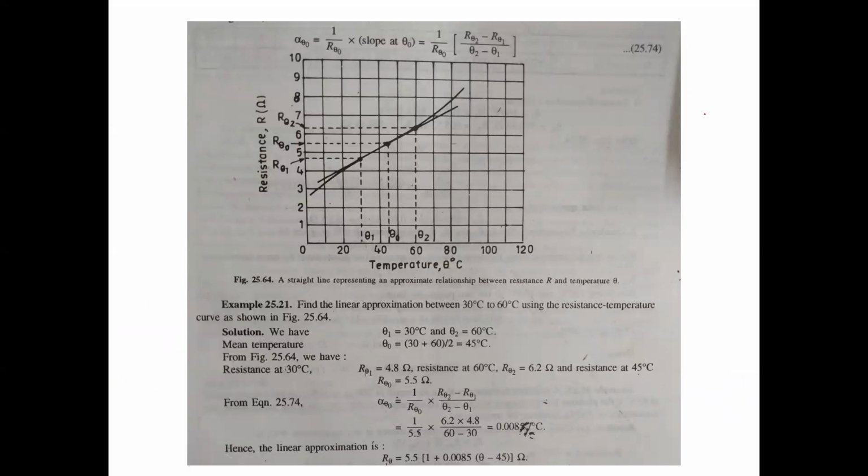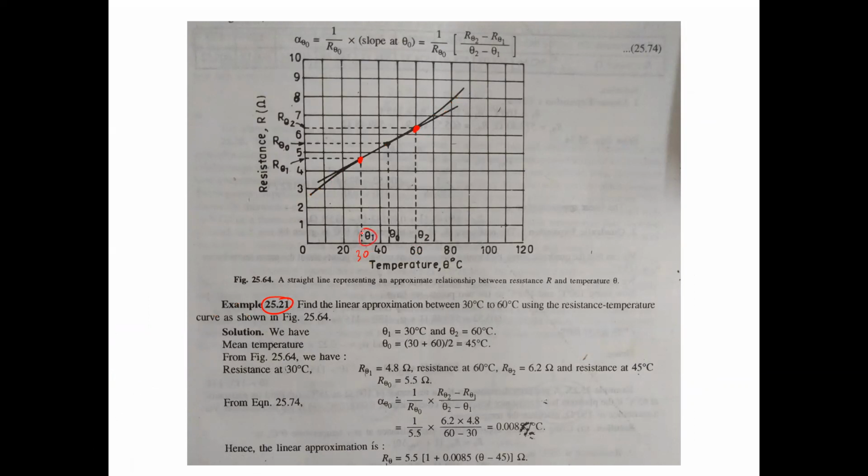So in the next slide, in terms of an example, we can have an idea about it. In this example 25.21, which is taken from the book of Sawhney, you can see that there is a nonlinear line, and a linear approximation of this line has to be made between two points, from 30 degrees Celsius to 60 degrees Celsius.